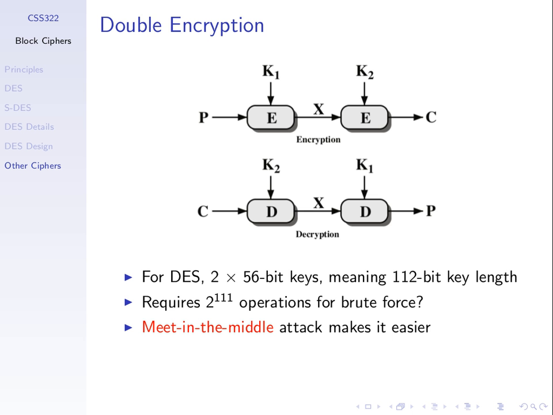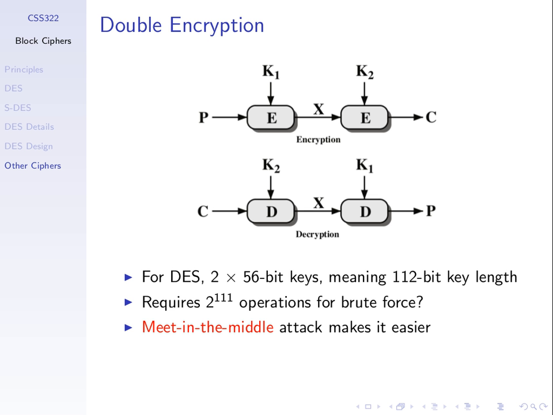If we know different values of plaintext ciphertext, then we take our known plaintext, do a brute force attack on that to get potential values of X, the middle point. Then we take the corresponding known ciphertext and work backwards, do a brute force attack on that and get potential values of X. And when we apply from both directions, if the values of X match, are the same in the middle, then that suggests what the key values are.